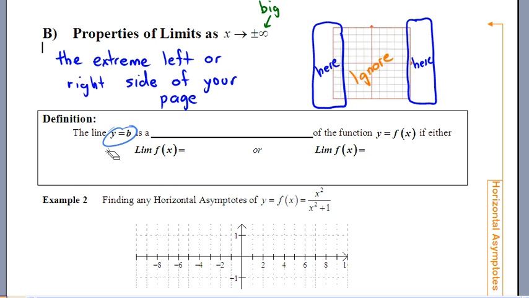Okay, so it's a horizontal line. Y equals a number. That's going to be a horizontal asymptote.